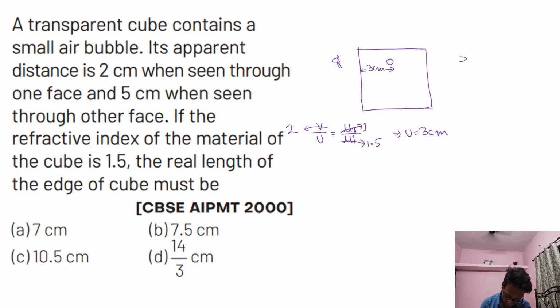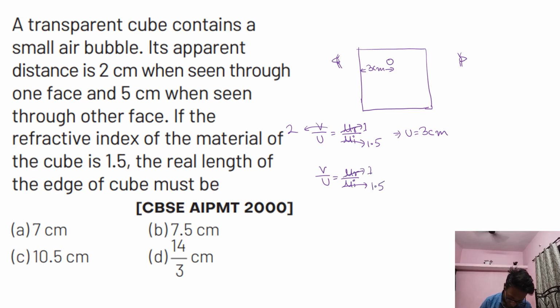And when I'm looking through the other surface, for surface 2, V by U is equal to mu R by mu I. This formula came from the formula for curved surface when you put R equal to infinity. Here mu I is equal to 1.5, mu R is equal to 1.